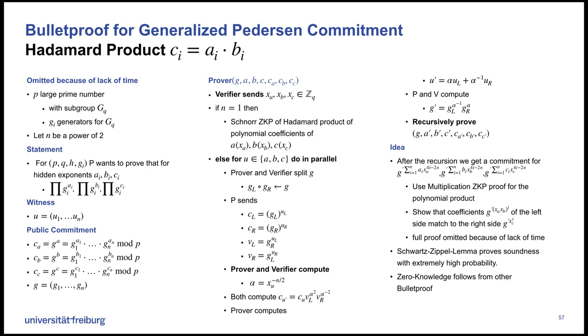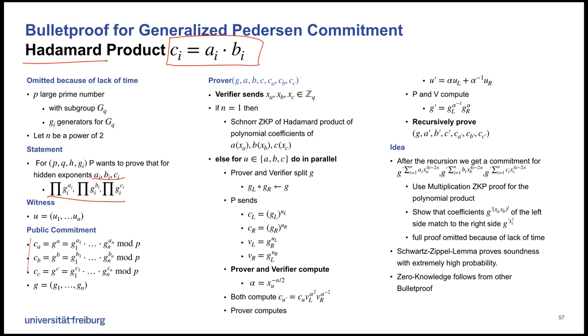So one way is we could, for example, have lots of multiplications, like Ci is Ai times Bi. This is called the Hadamard product, but it's basically just a bunch of parallel products. Now you are given A, B, and C, which are all vectors, given by this commitment.